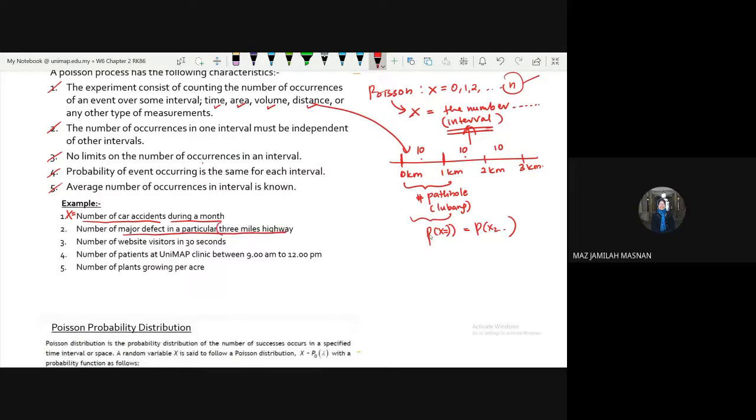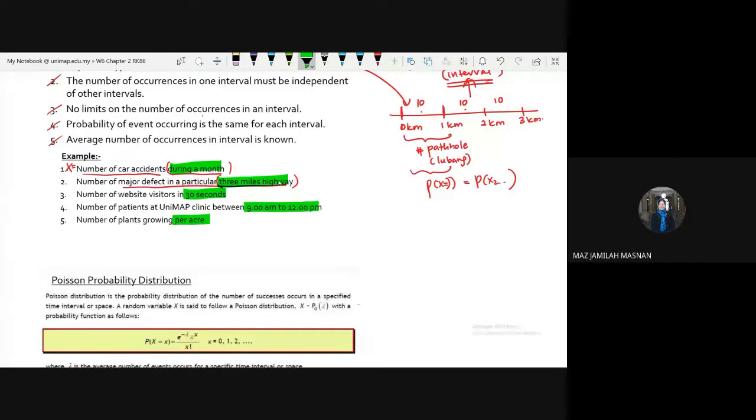This is your interval. The number of website visitors in 30 seconds. The number of patients between 9 to 12. The number of plants growing per acre. These are a few examples of x that follow poisson.